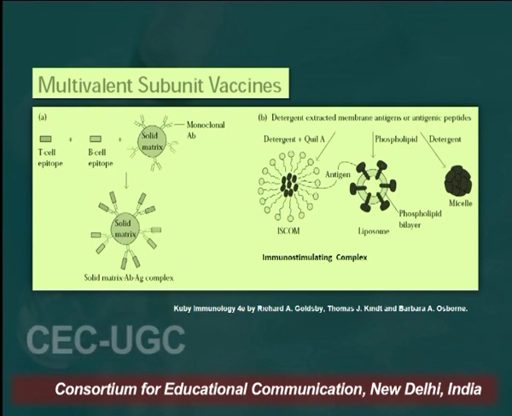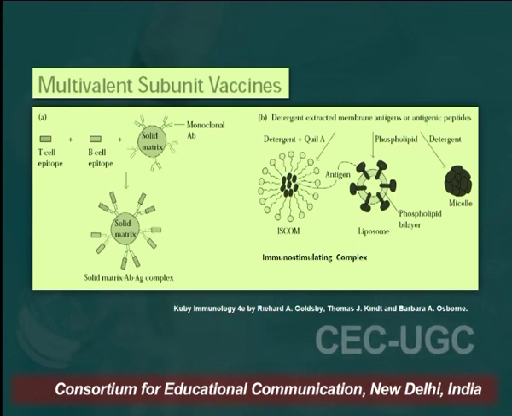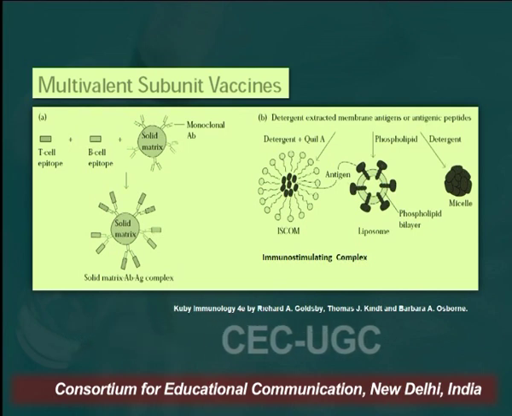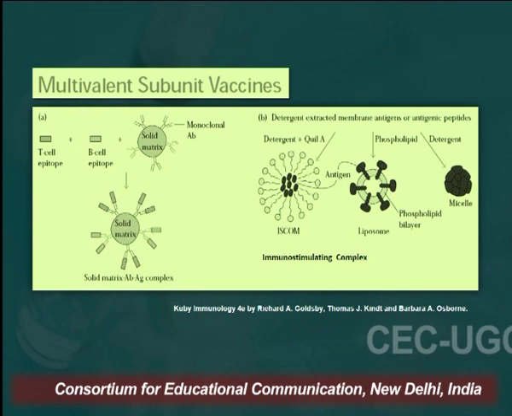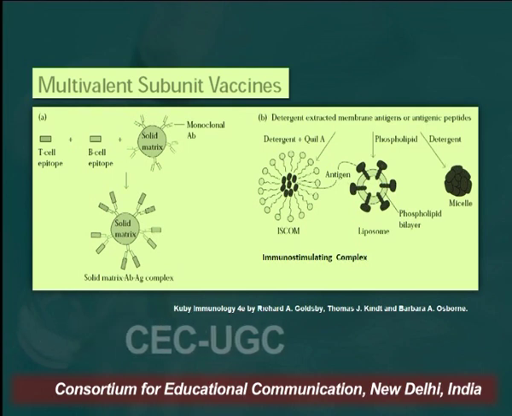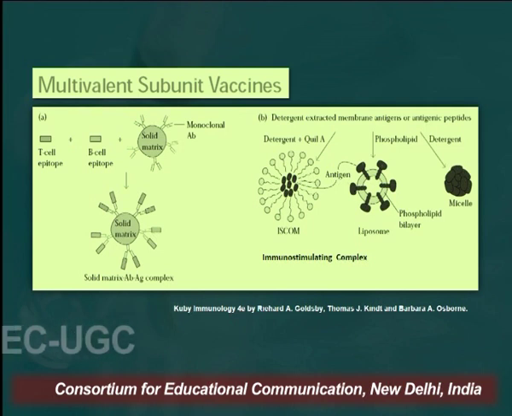The other types of multivalent vaccines are in the process of development. There are different types of multivalent vaccines. Some of them are called micelle forms of the multivalent vaccines, and some are called liposomes. As the name suggests, liposomes have a phospholipid layer inside which certain surface antigens have been incorporated.